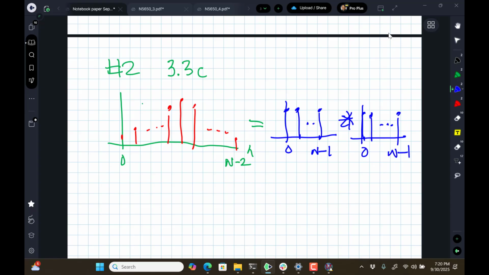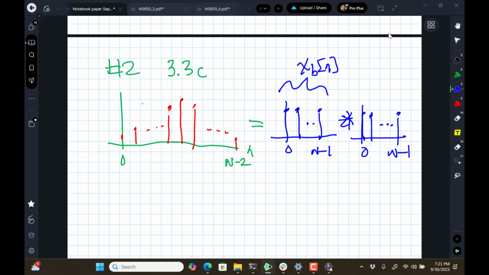So this actually is part B. So you actually have to work part B to get part C, this problem. But XB is just a rectangular pulse that contains n samples, and that's already been worked in the notes. We did that rectangular shape, right?